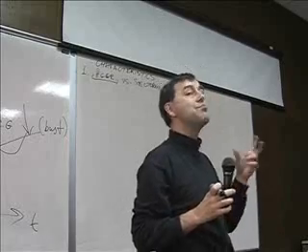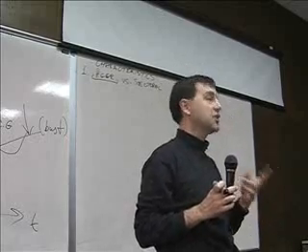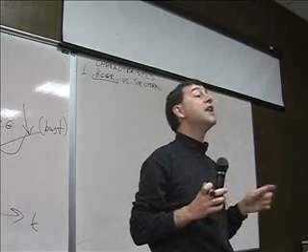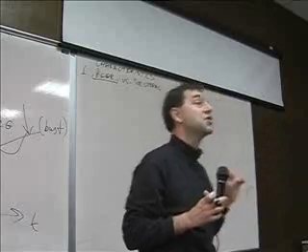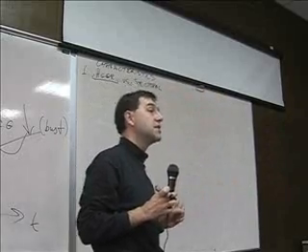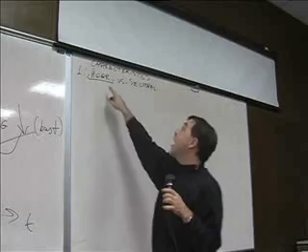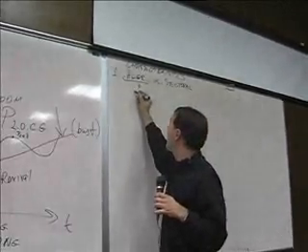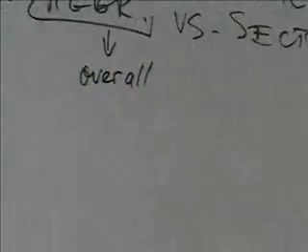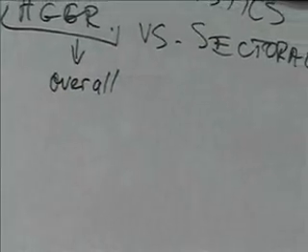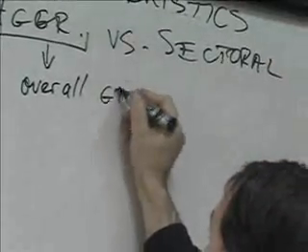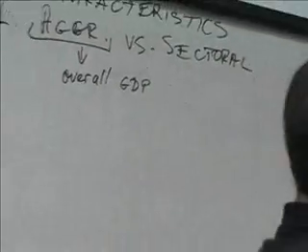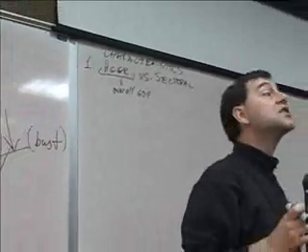When you have a boom in one particular industry, this does not mean that the economy is booming. If you have a bust in one particular industry, it does not mean that the economy is in bust mode. You need the overall economy. So the boom-bust cycle is characterized by the overall activity, as it is usually measured by GDP or possibly GNP, and is not characterized by a particular sector.